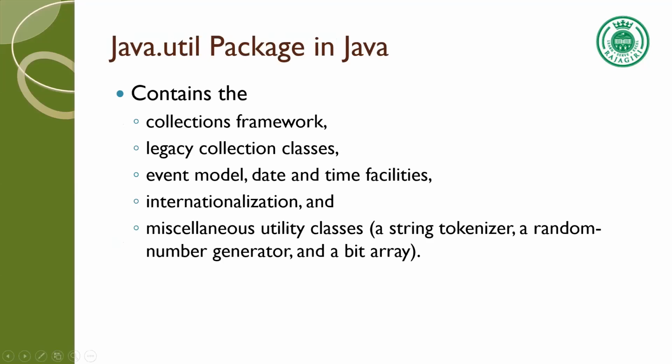Now, the java.util package will contain something called the collection framework, a lot of collection classes, event model, date and time facilities, internationalization for your time zones, and a lot of other miscellaneous utility classes like string tokenizers, random number generators, bit arrays, and so on.